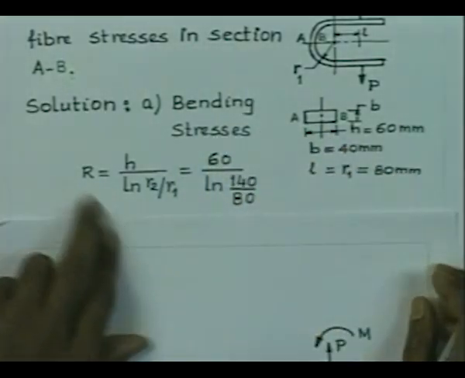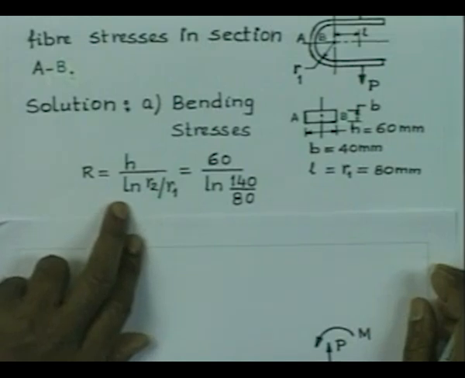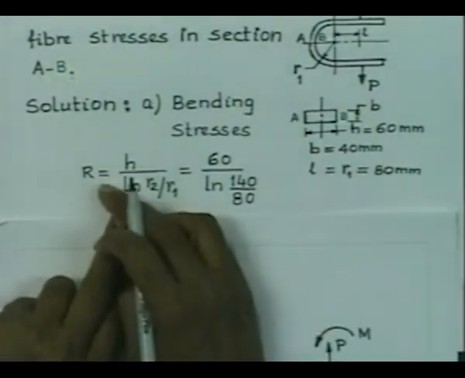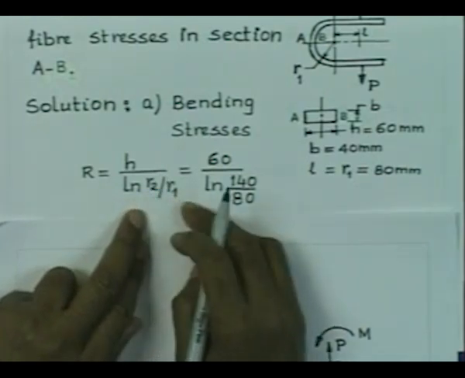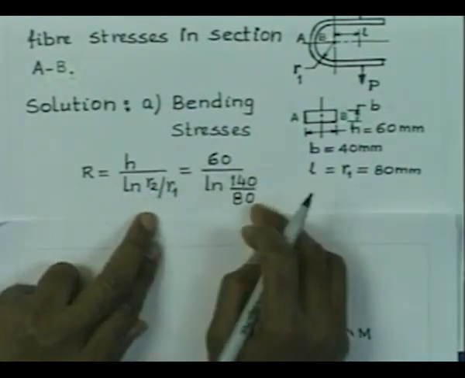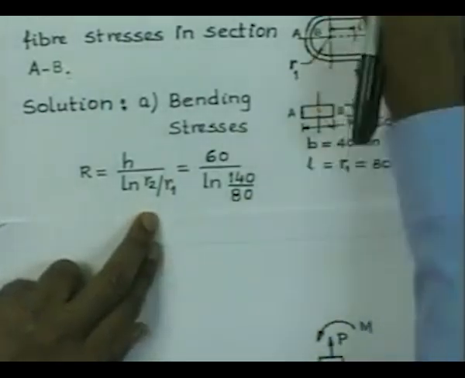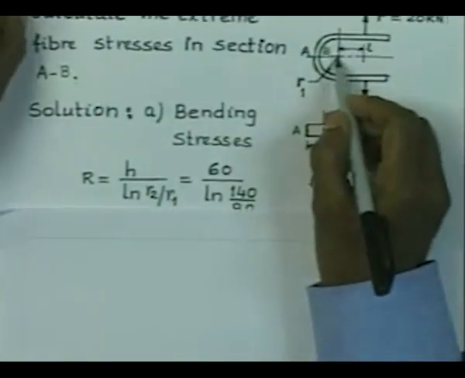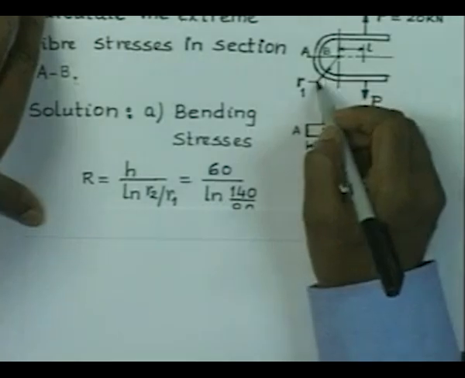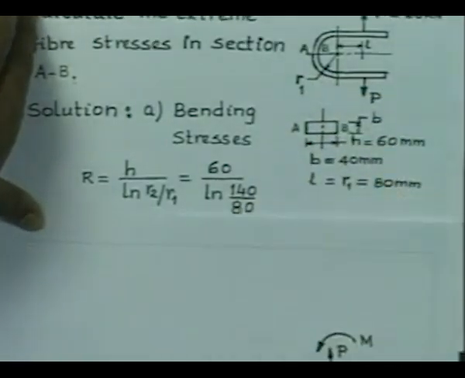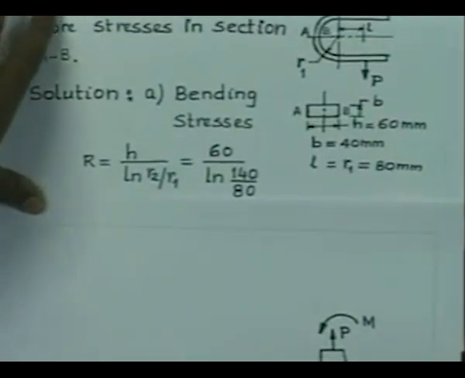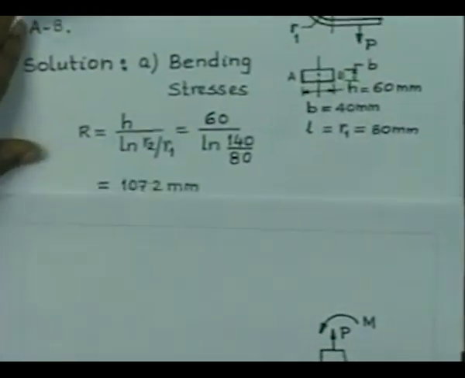In order to do that, we have to calculate the radius of curvature of the neutral axis. If we make use of this formula that we have derived, R is nothing but H by ln R2 by R1, which is 60 by ln. The inner radius is 80, so that is R1, and therefore R2 is 80 plus 60, which is 140. So R is 60 by ln 140 by 80.